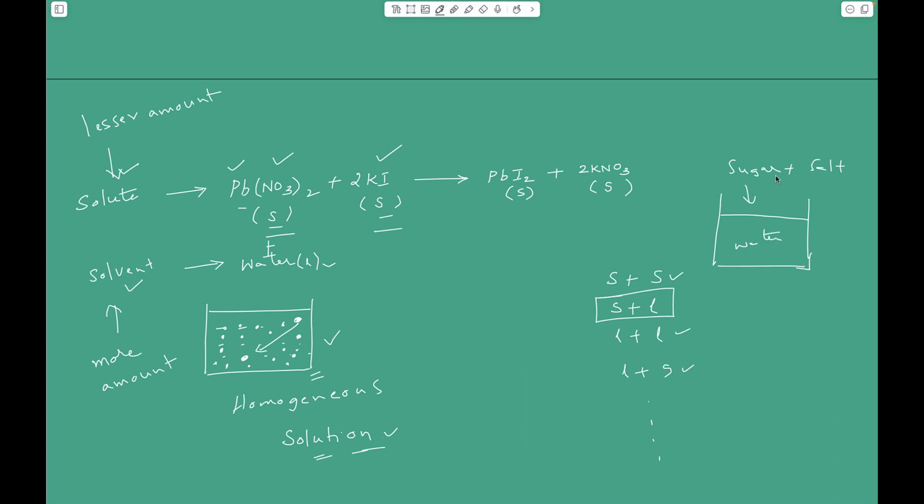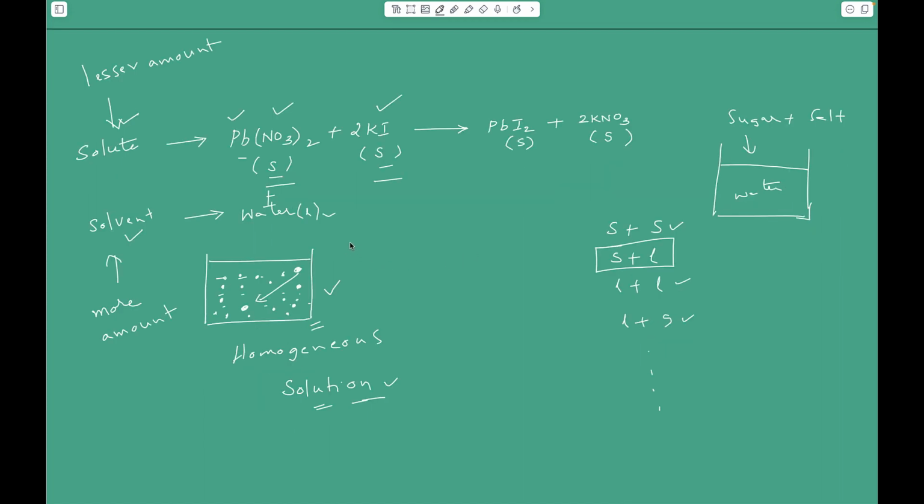Here, sugar and salt are both solutes and water is the solvent. But remember, in any solution, there can be only one solvent, but there can be more than one solute. But in general, we deal with solutions that contain one solute and one solvent.